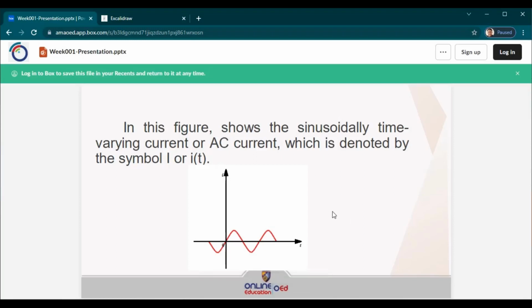DC current is prone to convert to heat energy when it passes through conducting materials. So that heat is actually a loss. That is electrical energy converted into heat energy. But for AC current, the heating is minimal, so the losses are also minimal as compared to the DC source.